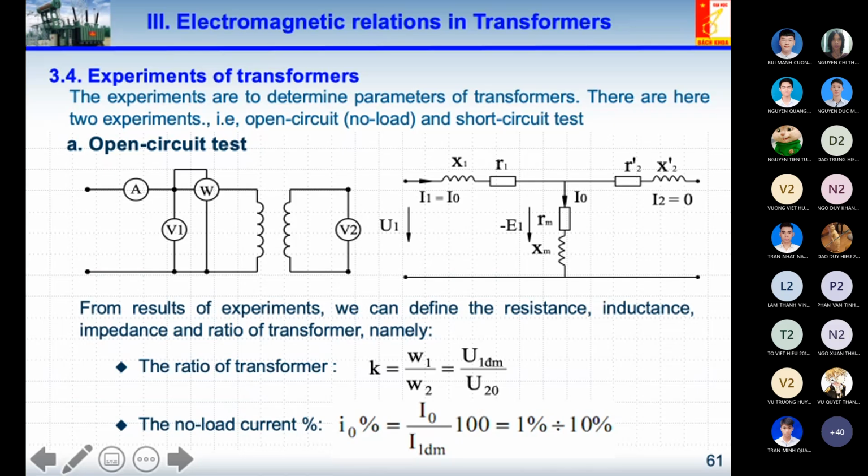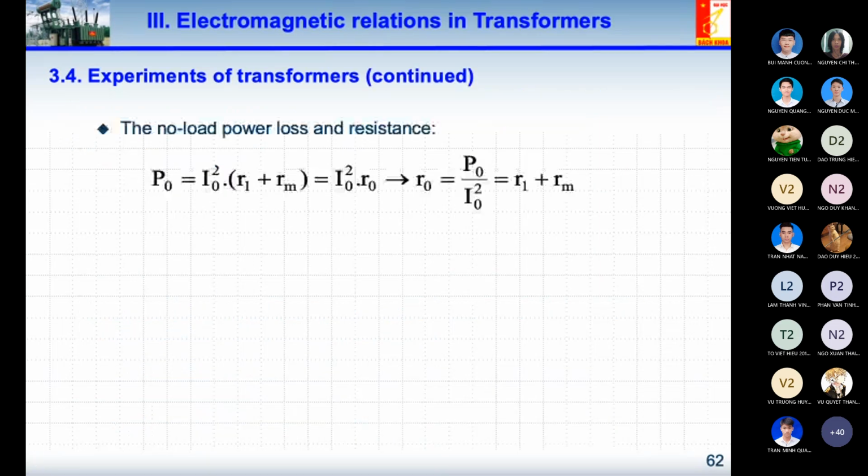As I said before, normally the no load current is 1 to 5%. In theory it is from 1 to 10, but in practice I think around 2% is the maximum for the transformer. Now we can define the no load power and the resistance of the transformer by this expression.